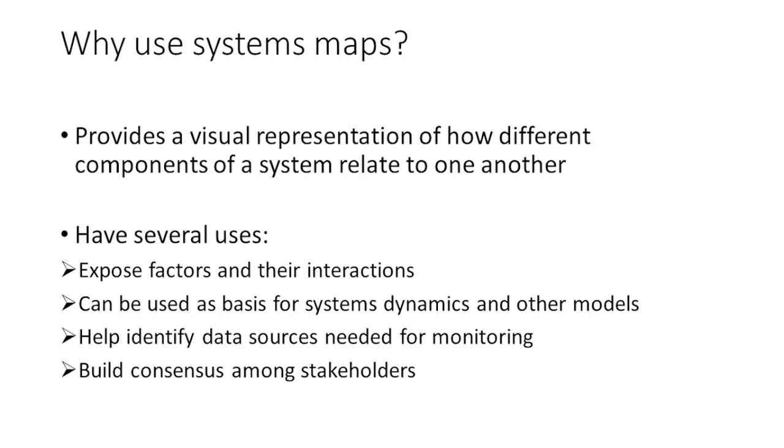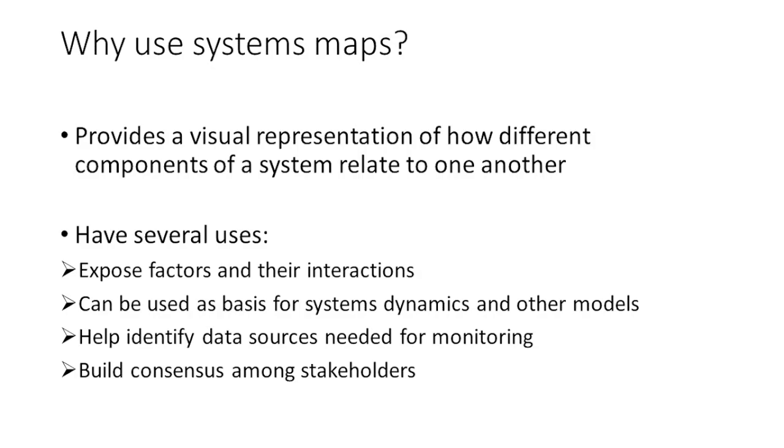So why do we use systems maps? Well, systems maps can represent the complexity as well as the multiple sectors involved in a problem. Because of that, they map out and expose a system by showing the factors that have previously been conflated and illustrate how these factors interact, or they propose potential mechanisms by which these factors might.